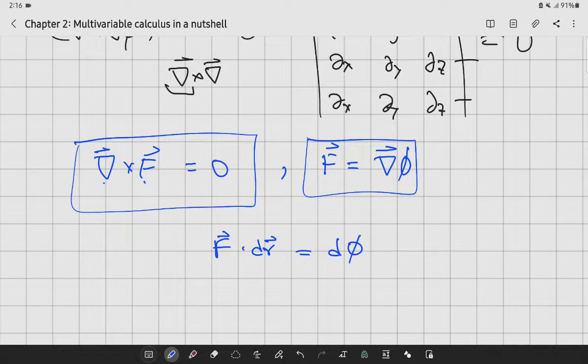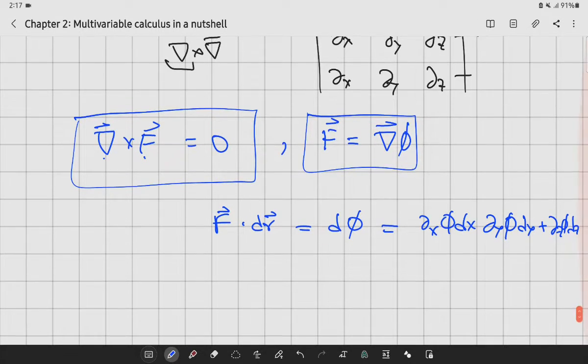How is that? d phi is what? Partial x of phi dx, partial y of phi dy, partial z of phi dz. Now if I take the gradient of phi, what is this going to give me?